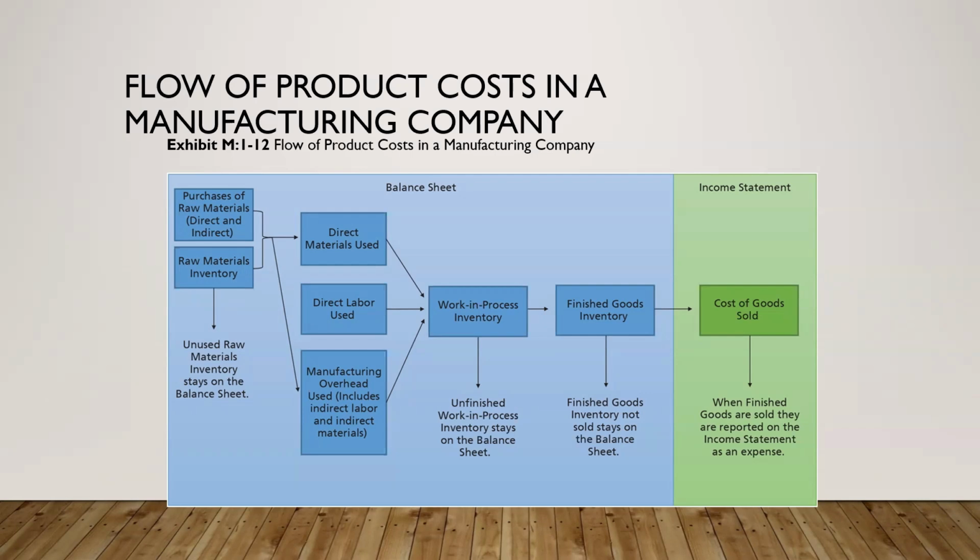The cost of goods manufactured is used on the income statement to determine the cost of goods sold. So only when finished goods are sold will the cost be transferred from the balance sheet to the income statement as cost of goods sold.